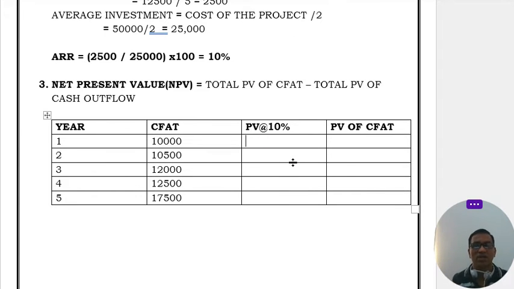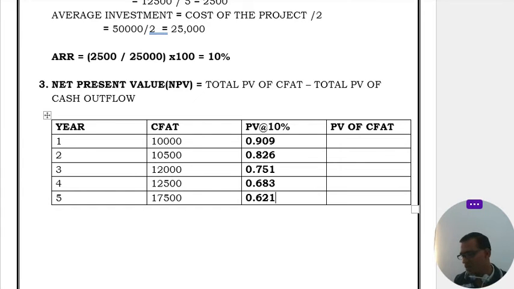These tables are available on Google everywhere, and in financial management textbooks also. The present value table values at 10% are 0.909, 0.826, 0.751, 0.683, 0.621.